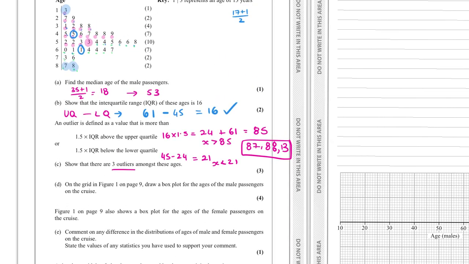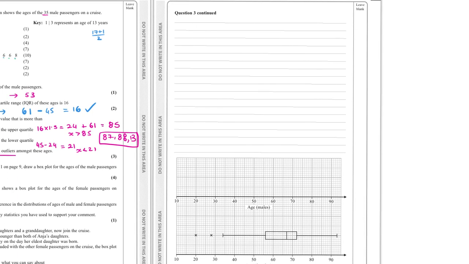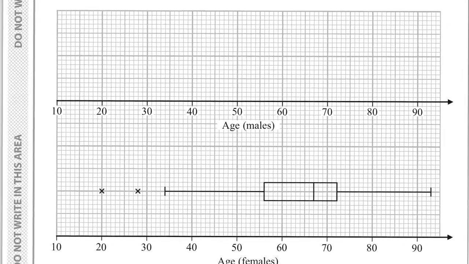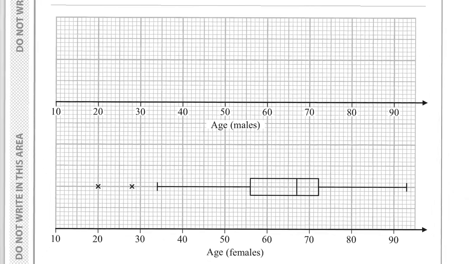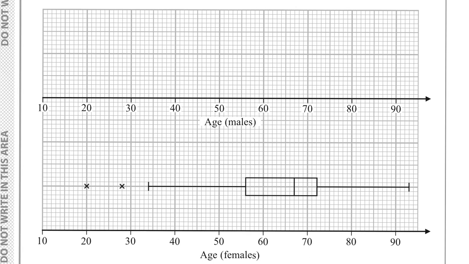Right, it says D. On the grid on page 9, draw a box plot for the ages of the male passengers on the cruise. Okay, guys, for a box plot we need the median, the upper quartile, the lower quartile, any outliers, and the last ones. To make it easier, you guys are just going to help me.